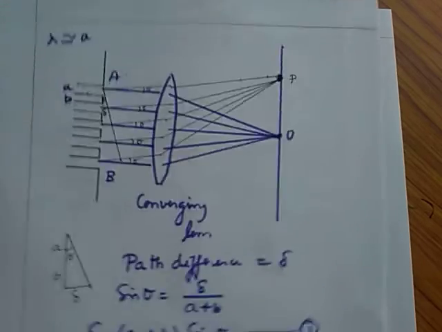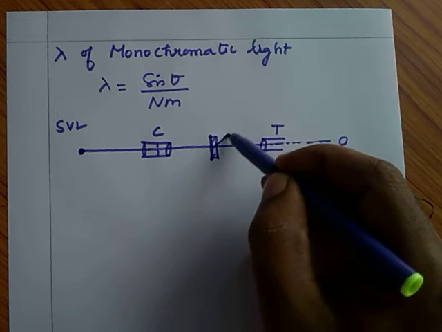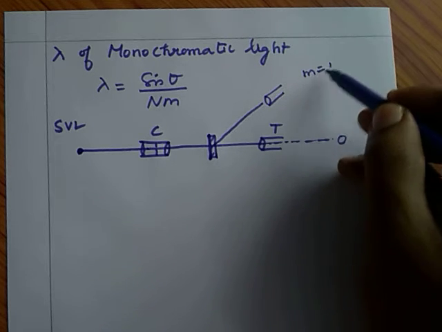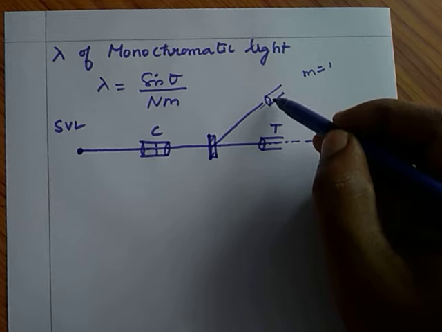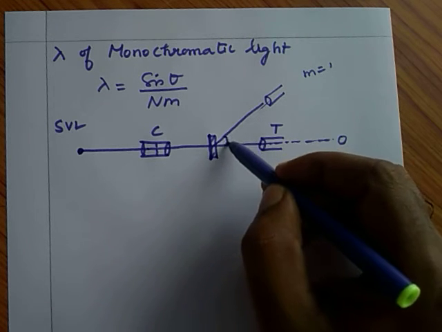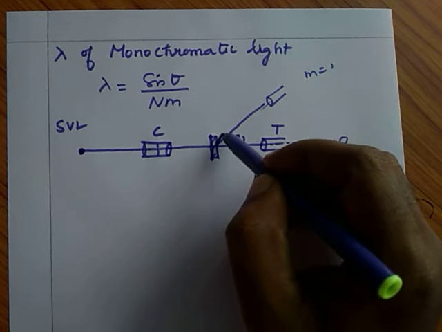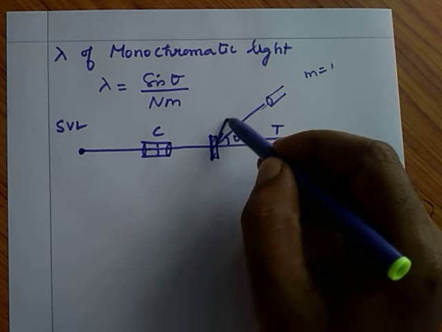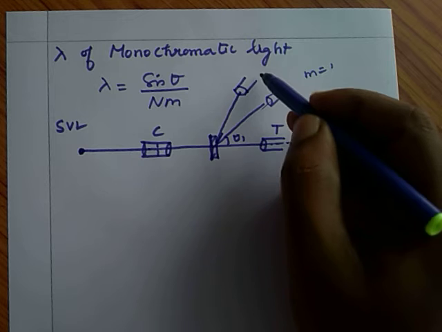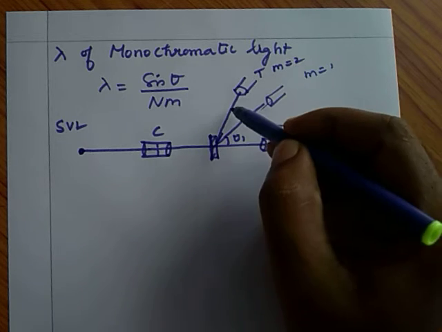Without path difference, I am rotating the telescope towards the right. Then I get the first order diffracted ray, m is equal to 1, and I get the image here. The angle between the undiffracted ray and the diffracted ray is known as the angle of diffraction, that is theta 1. If I move the telescope again towards the right, I get the second order image.